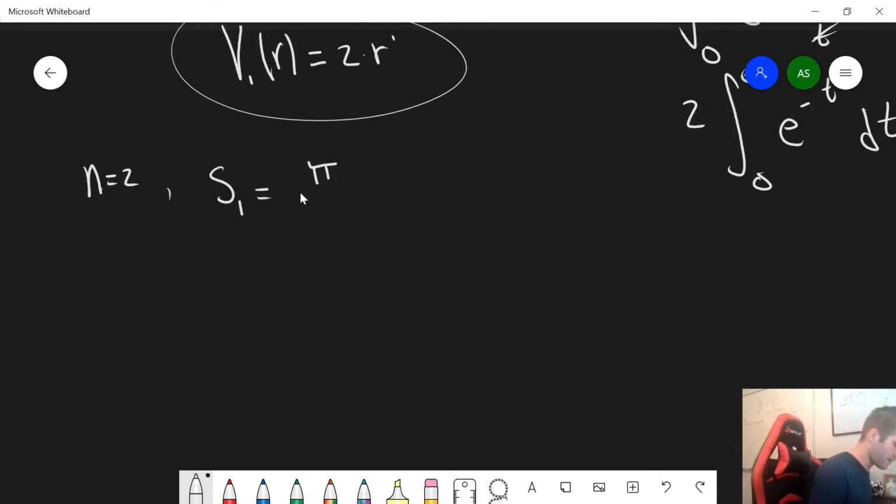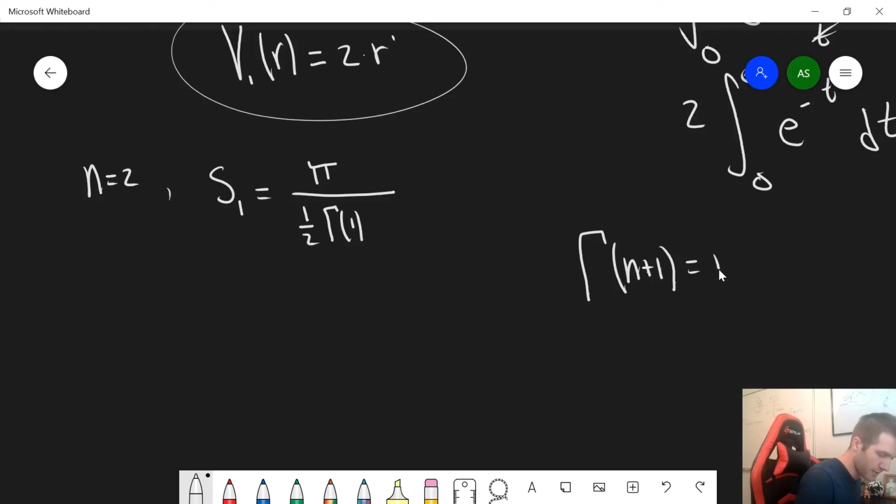So pi divided by gamma, well, 2 over 2 is just 1. But there's a better way to come at this, because we know that gamma, as we pointed out before, of n plus 1 is just equal to n times gamma of n.